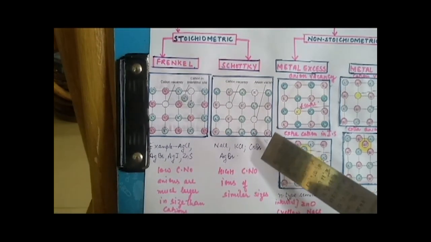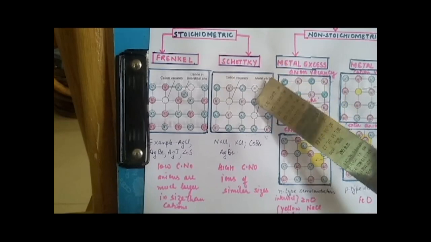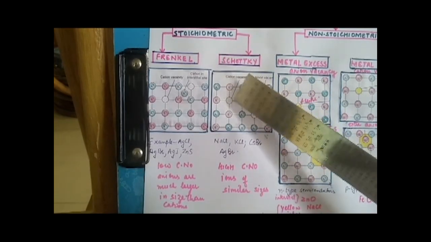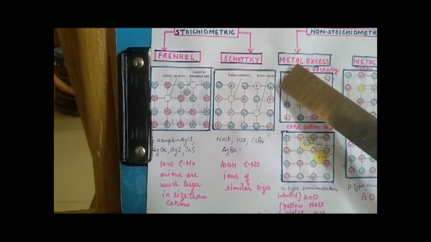Schottky defect is a type of vacancy defect where an equal number of cations and anions are missing from their regular sites. The place which is devoid of a cation will be called a cation vacancy, and the other site where the anion is missing will be called an anion vacancy.